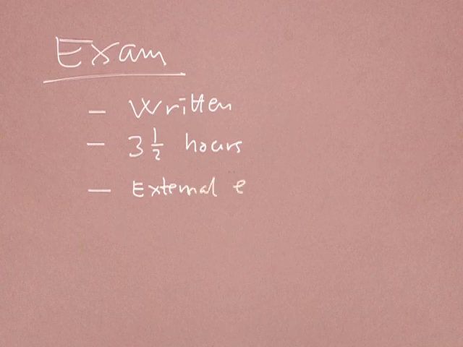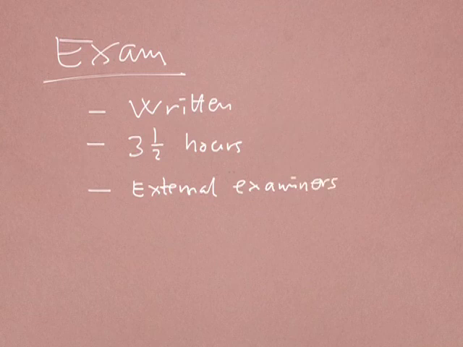There will be someone marking your solutions from some other university. That's how we often do it in Denmark. It's an external examiner, it's written, and it's graded with a mark on the Danish grading scale from -3 to 12. The exam will be in January, like all other exams of the autumn semester.